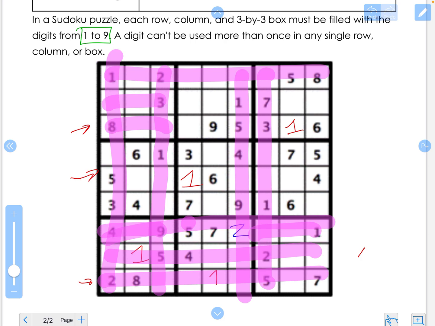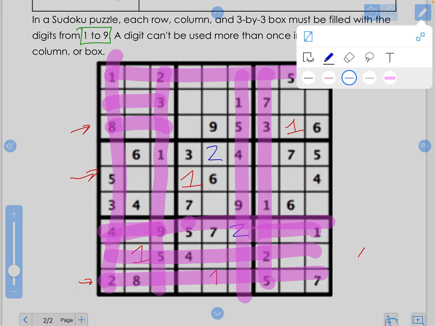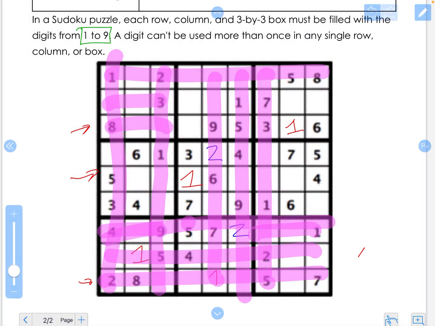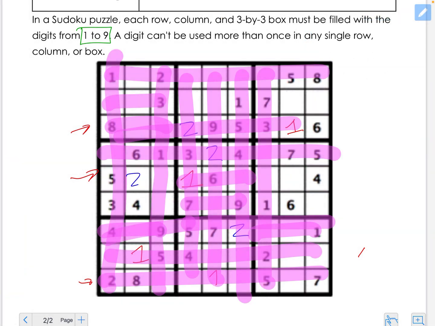I'm left with a blank here where a 2 can go, and then that eliminates those options. And so I've got a 2 that can go there, which eliminates those options. So I'm left with here, which eliminates that, which then 2s can go there and there.